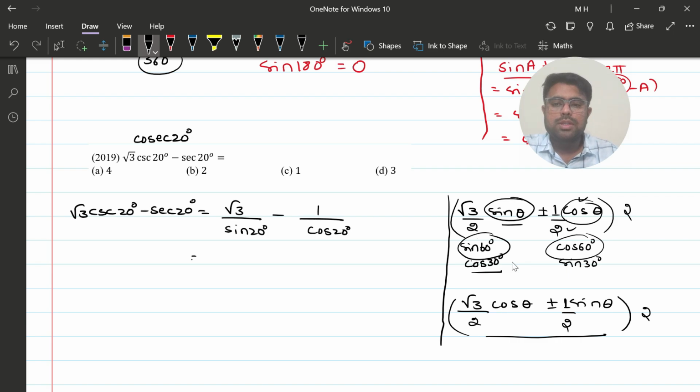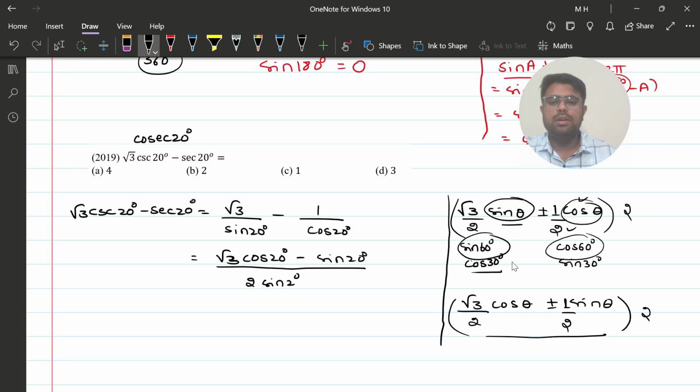So this is going to be root 3 cosine 20 degree minus sine 20 degree, divided by sine 20 degree into cosine 20 degree. So this is what you have.